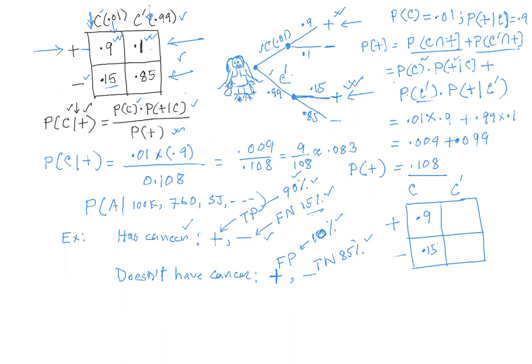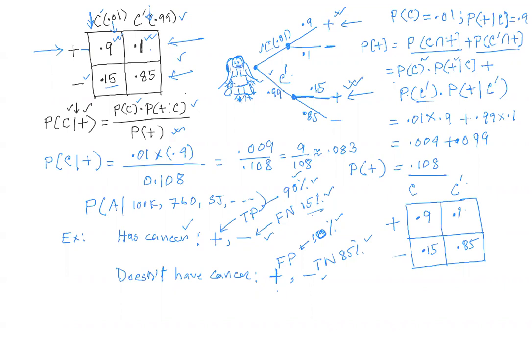Does not have cancer, test positive. Okay, does not have cancer, but test positive, 10%. Does not have cancer, test negative, which is correct, 0.85. And that's how I come up with this table.